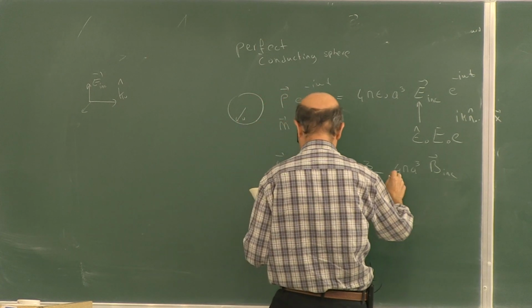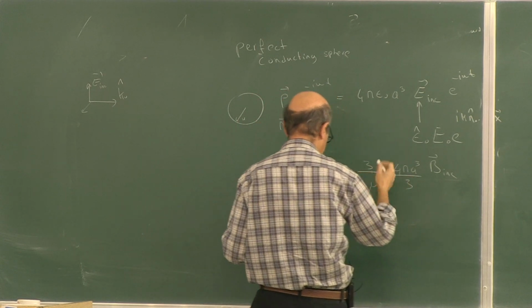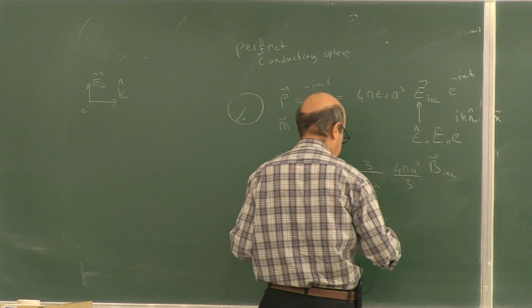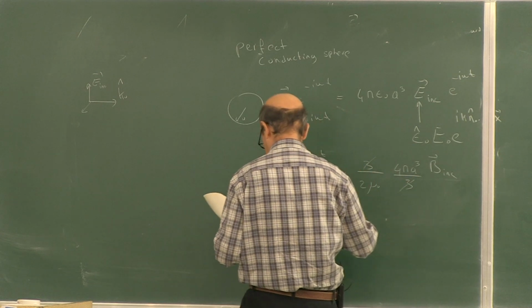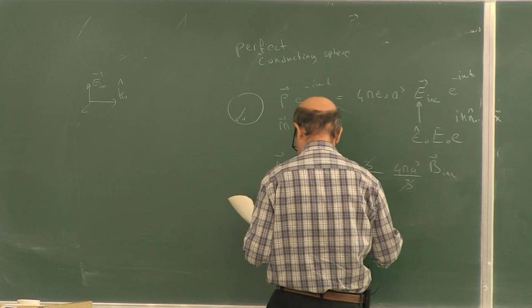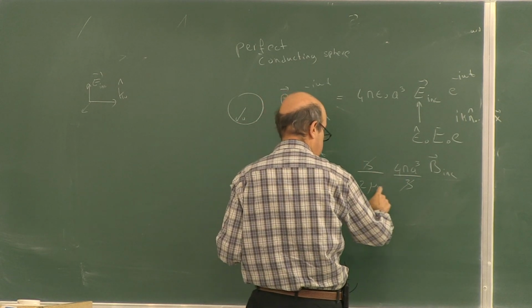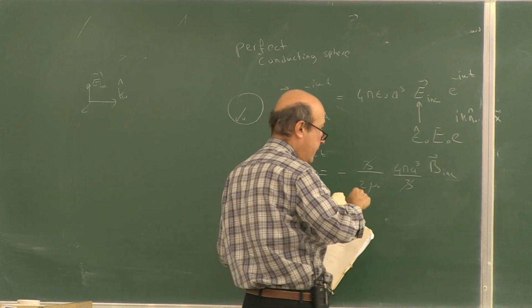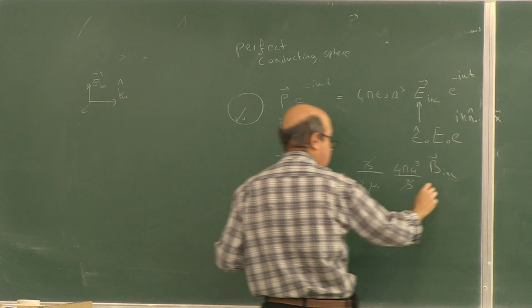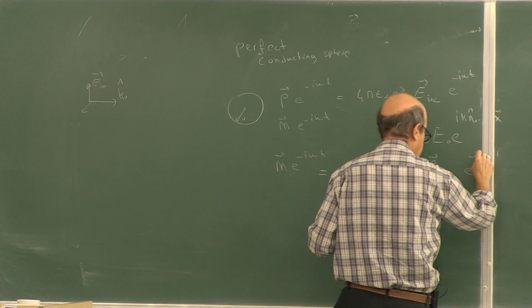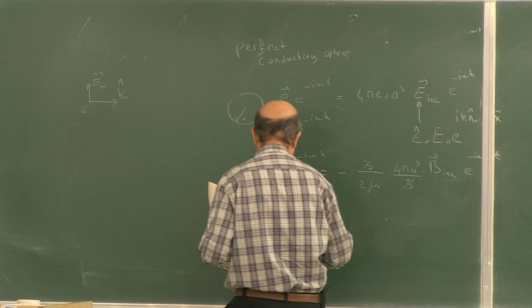4 pi over 3 a cube. So what I am saying, the 4 pi over 3 a cube is the volume of the sphere. So the 3's will be cancelled. That should be minus 2. And you have mu 0, B over mu 0 is the H incident, and that should be the following. So you can put the oscillatory term here, e to the minus i omega t.